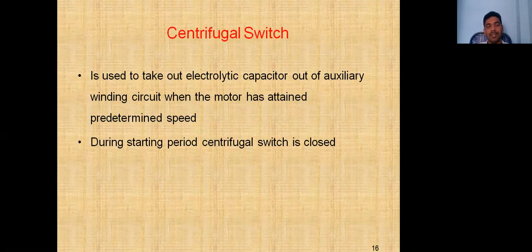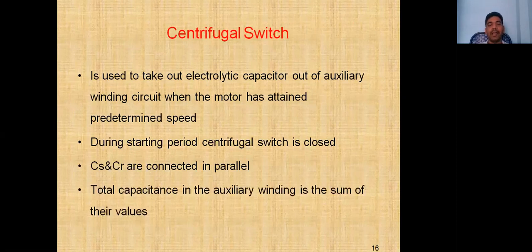During the starting period, the centrifugal switch is closed and the starting capacitor and running capacitors are connected in parallel.